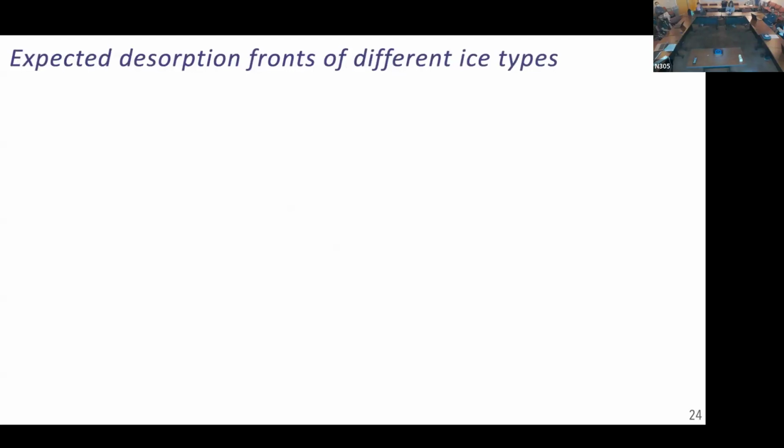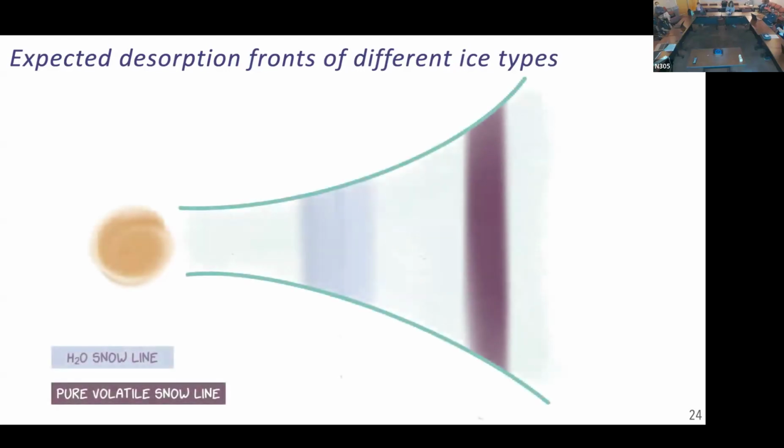So I just wanted to show illustratively what an expected snowline or desorption front would be for different ice types. Over here, we would expect the water snowline to be around 1.5 to 2 AU for a solar type disk, and a pure volatile snowline at around 8 AU. But if a molecule is entrapped, you would expect some of the molecules that were expected to come off way later or way further out in the disk to be available in the solid phase at the water snowline.